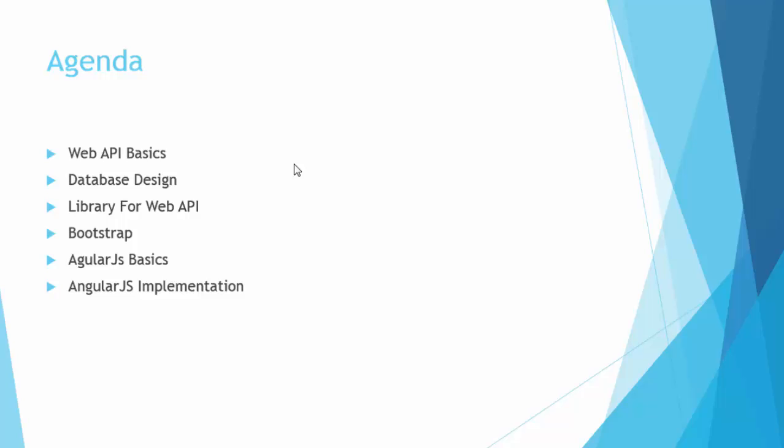Okay, the next thing is we use AngularJS. AngularJS is the MVC framework in JavaScript. It's developed by Google, and we're gonna integrate that with the web API and show that on the UI.